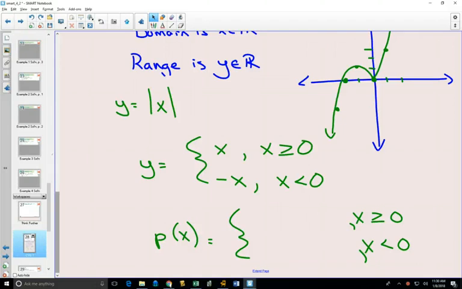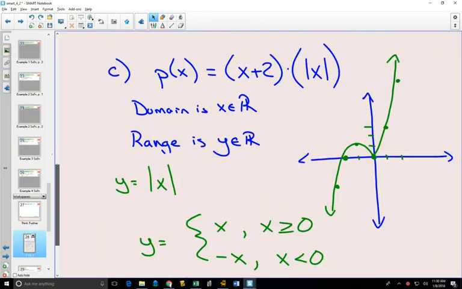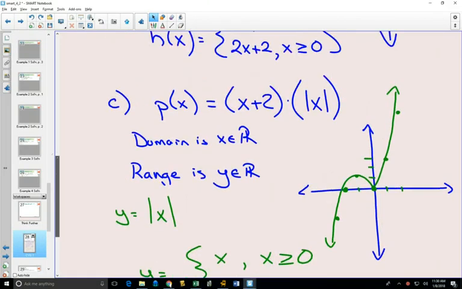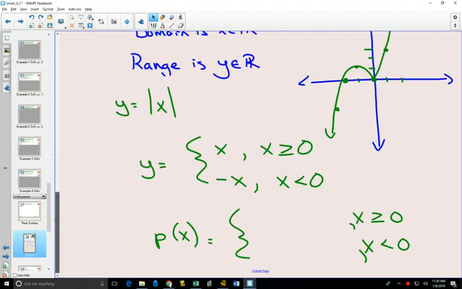When x is bigger than or equal to 0, if you look at our equation, what happens to the absolute value? What does it act like? It acts just like an x. And so if this was just an x and I distributed it here, I would get x squared plus 2x.